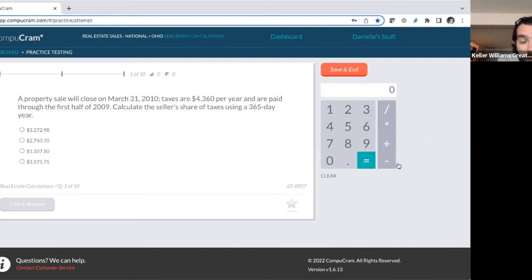Taxes are $4,360 per year and are paid through the first half of 2009. Calculate the seller's share of taxes using a 365-day year. So property is selling March 31st. Taxes have been paid through June 30th of the prior year. So we need to figure out how much that seller is going to owe when it comes time to transfer the property.